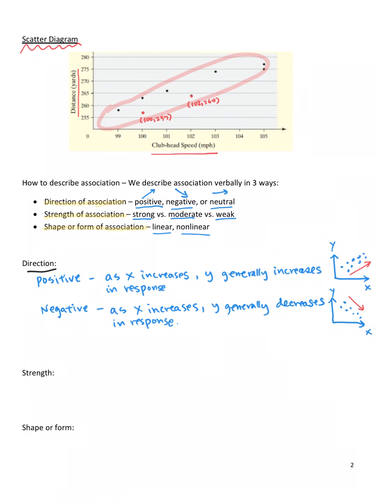And you can also have what's called a neutral direction as well. So what does it mean for an association to be neutral? Essentially, there is no clear direction at all. No clear direction, and this is how it looks like.